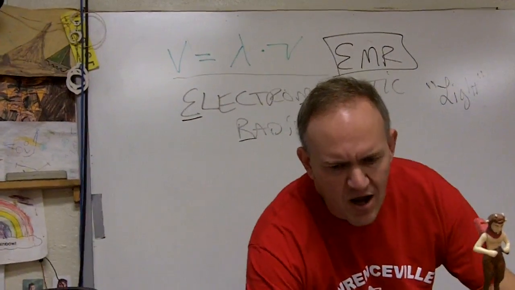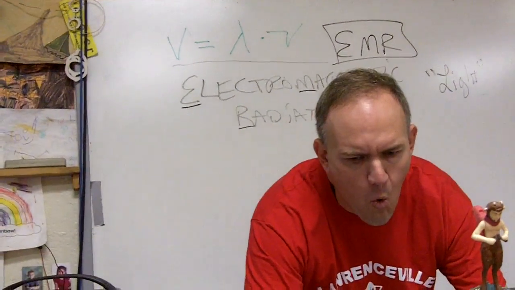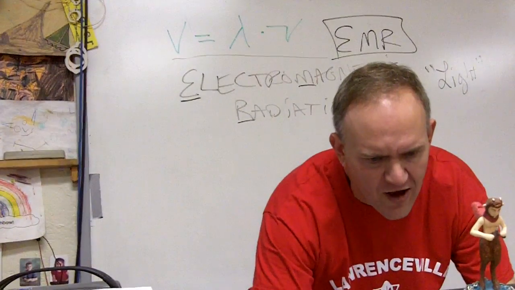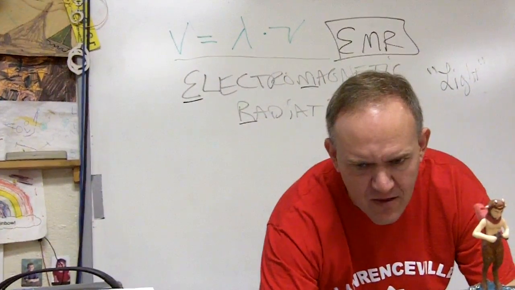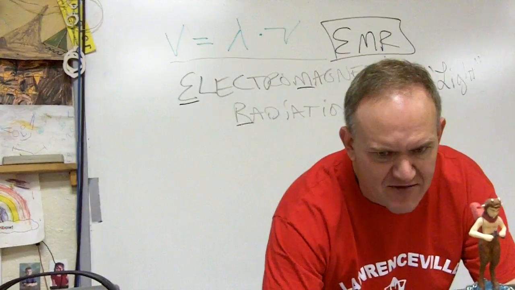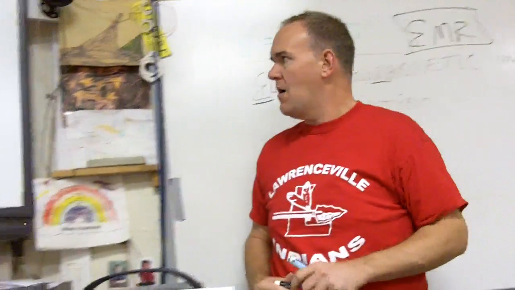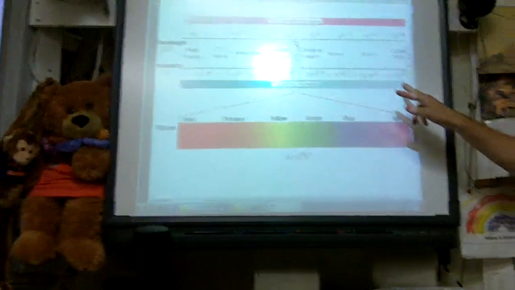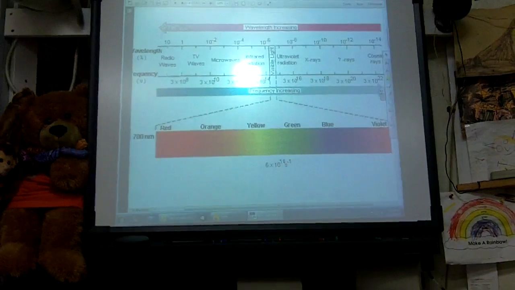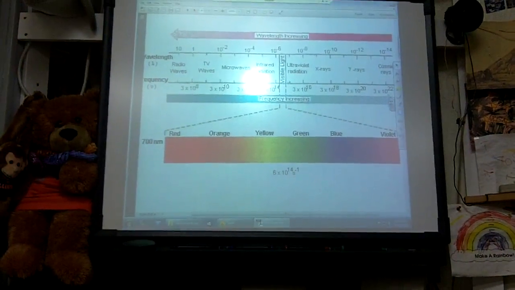Now, as we talk about light, we're going to see that there are a whole lot of different kinds of light. But before we talk about the different kinds, we should probably talk about what makes one kind of light different from another kind of light.